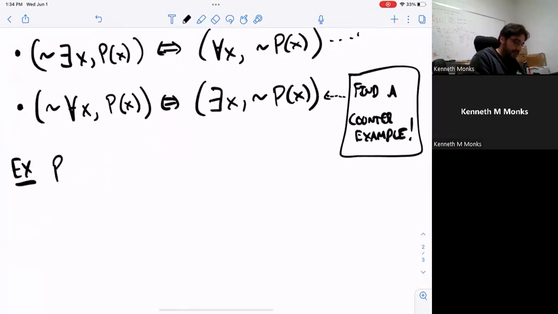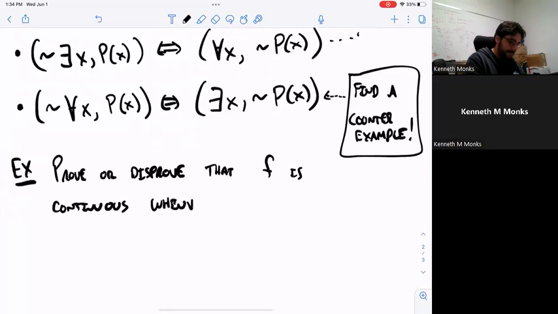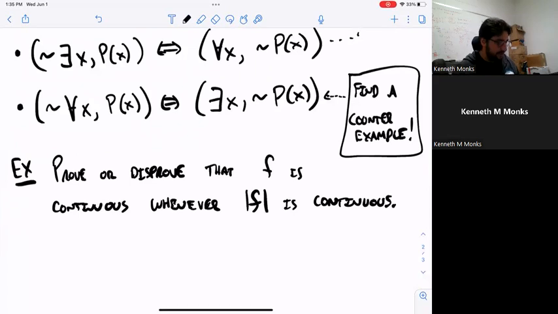Suppose someone says to you, maybe your calculus teacher said something like this to you at one point in time: prove or disprove that f is continuous whenever the absolute value of f is continuous. Suppose someone says that to you.